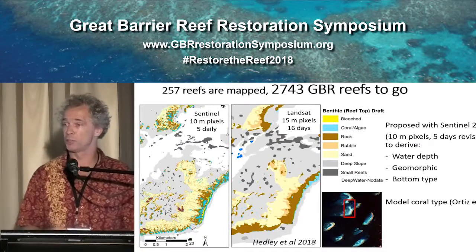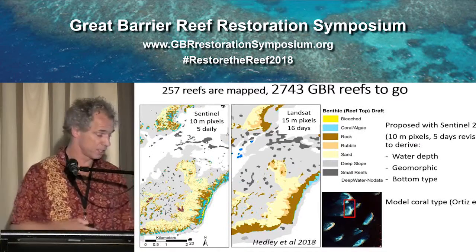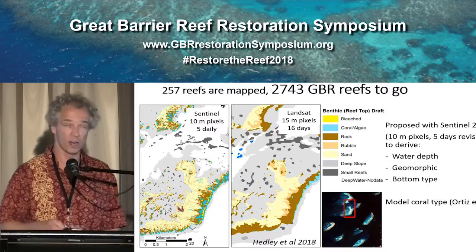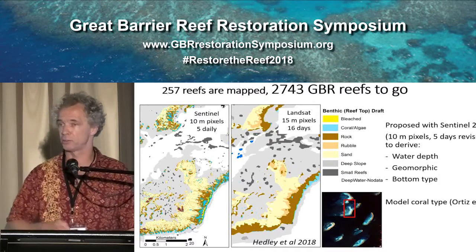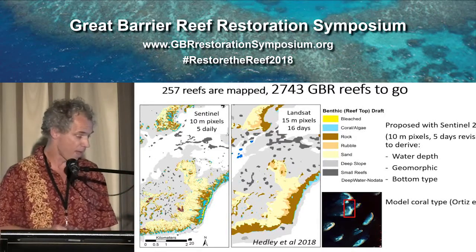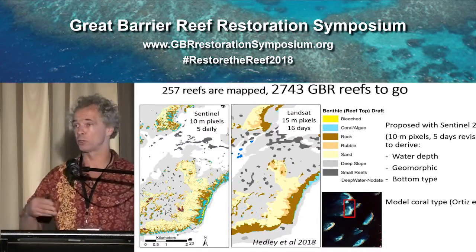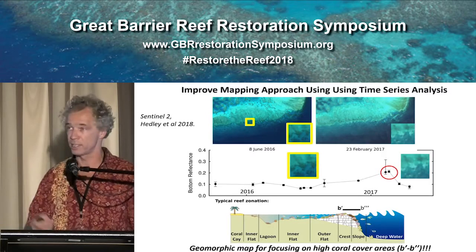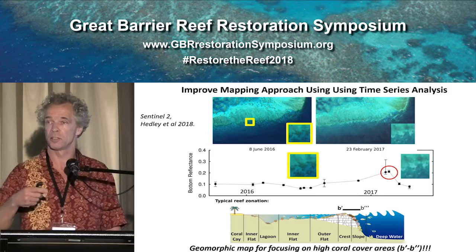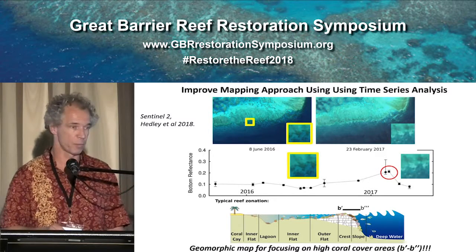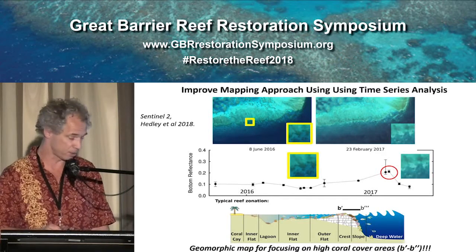The way we would like to do that is using Sentinel imagery, because it is higher resolution imagery covering a larger area, and we are able to pick up bleaching to a certain extent as well. With Sentinel you can also look at the change over time, as John Hadley has shown, where for one area on the reef he can see that the reef started to bleach based on the changes in reflectance value.